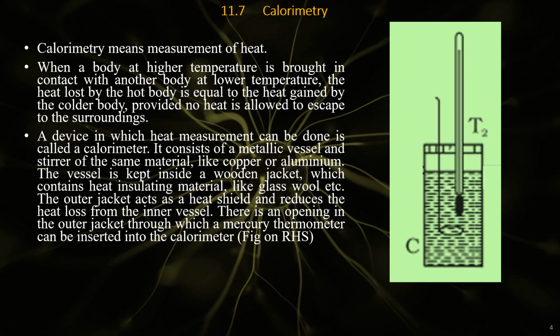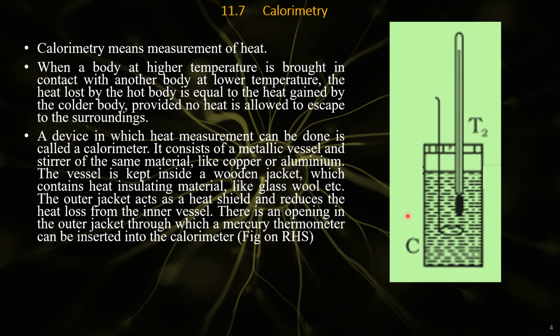A device in which heat measurement can be done is called a calorimeter. The calorimeter consists of a metallic vessel and a stirrer of the same material, like copper or aluminium. Please see the figure on the right hand side. So it has a vessel and a stirrer. This is the stirrer.